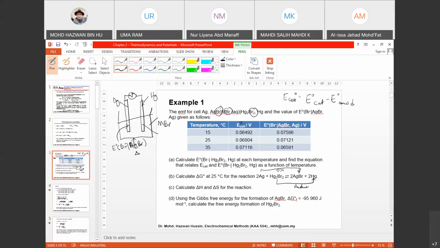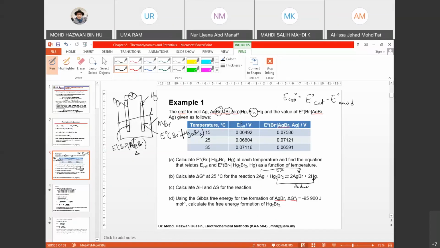Meanwhile, for this one, E naught equals to Br minus, Hg2Br2.